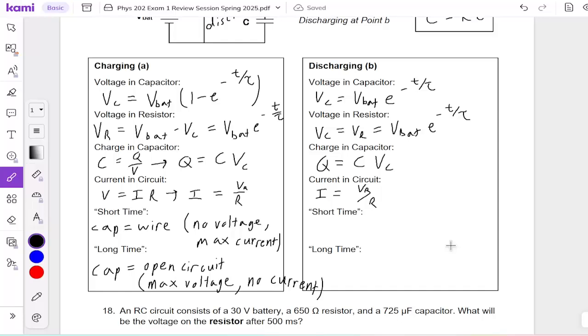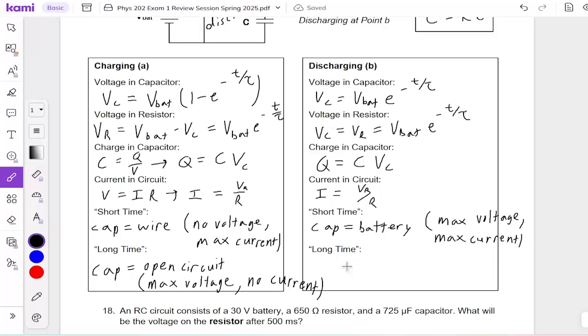Now the rules change for a short time and a long time if your capacitor is fully charged. After a short time, the capacitor looks like a battery. Like I said earlier, the capacitor is going to look like a battery when it's fully charged. That means max voltage and max current.